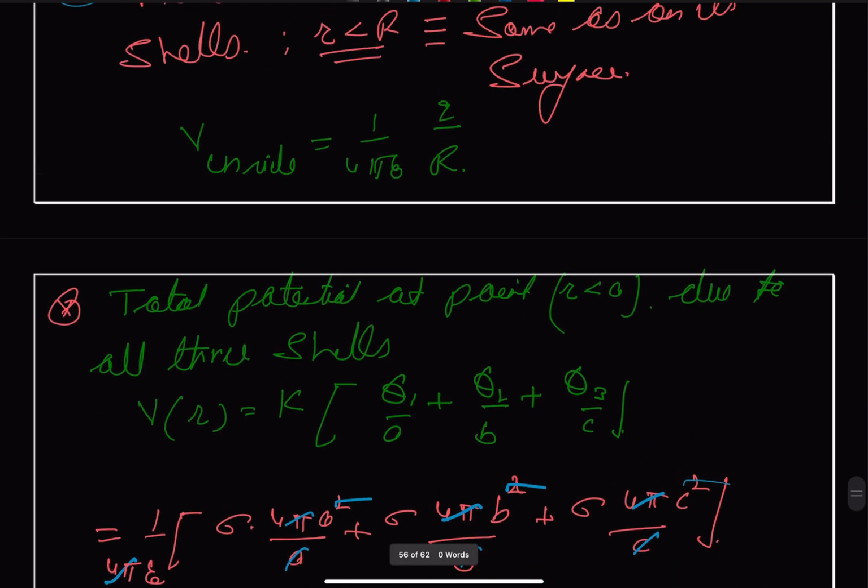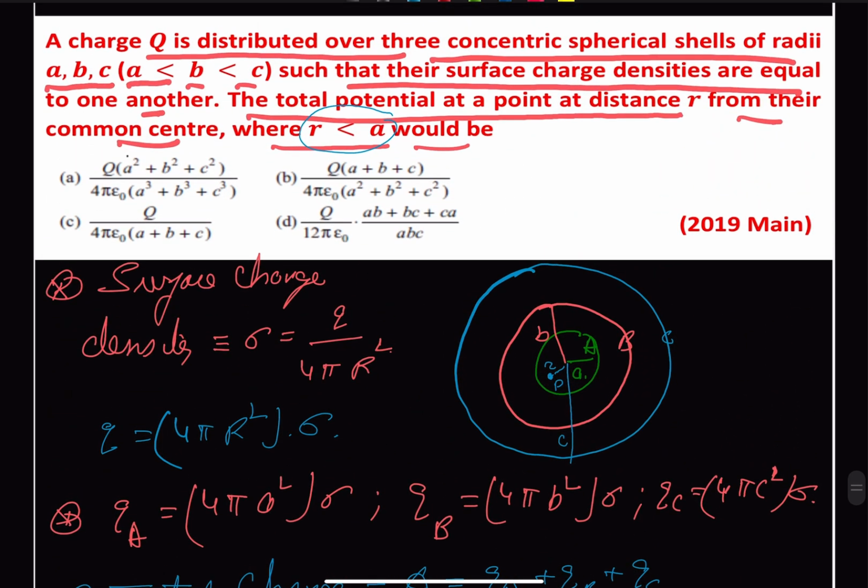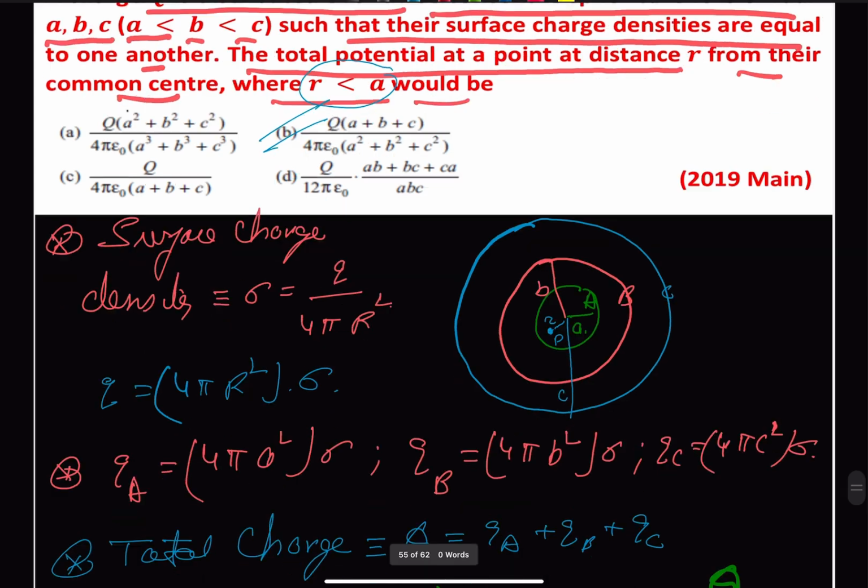So this is the potential at the innermost point. This comes as option number B, which is the correct one.